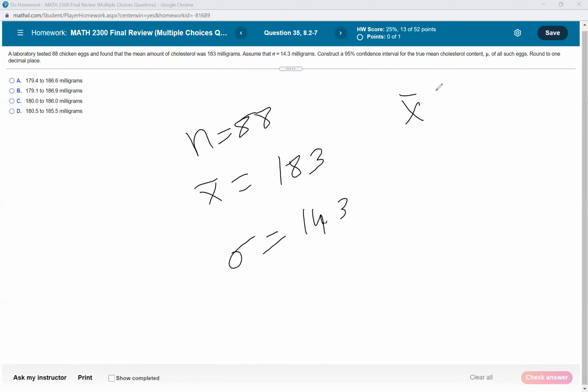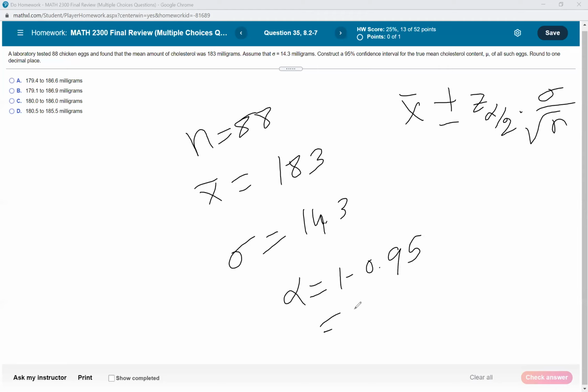So x bar plus minus, and sigma is known, so we can use a z interval: z alpha over 2 times sigma over square root of n. Here x bar is 183. Now we need to find alpha, which is 1 minus 0.95, which is 0.05.